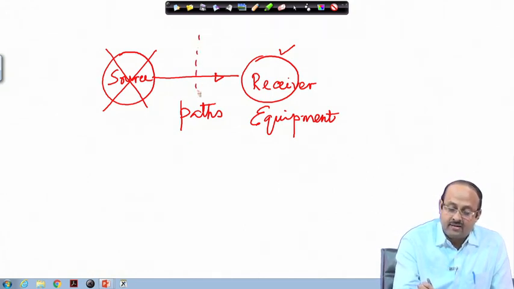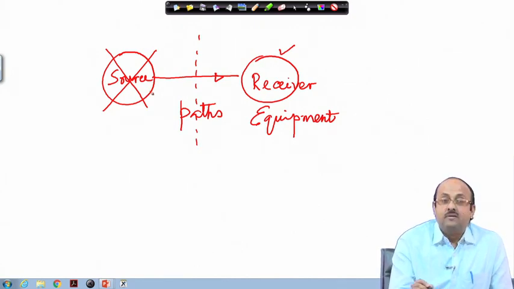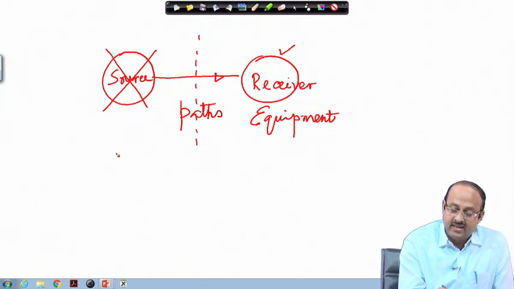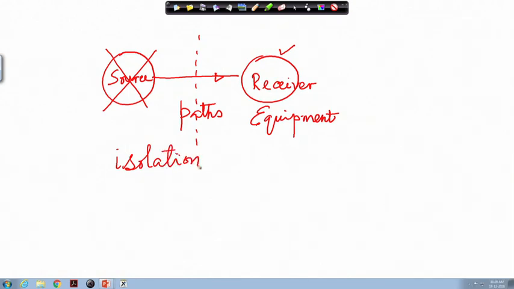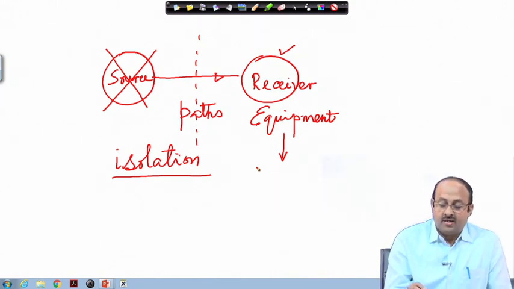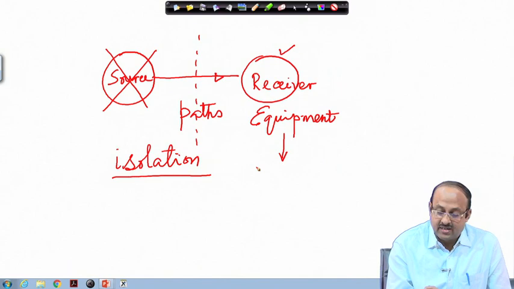One is that we can build a barrier which will not allow the vibrational energy to move from the source to the receiver. This strategy is known as isolation. So, vibration isolation refers to control of the vibration during the pathway, and when this is exhausted, we go to the receiver and develop certain strategies by which vibration is reduced at the receiver end. So, we will first talk about the vibration isolation.